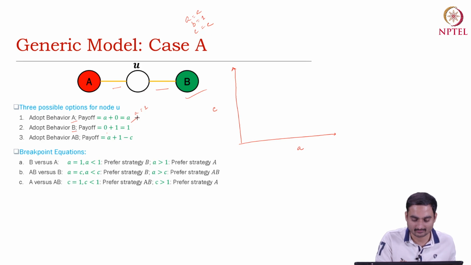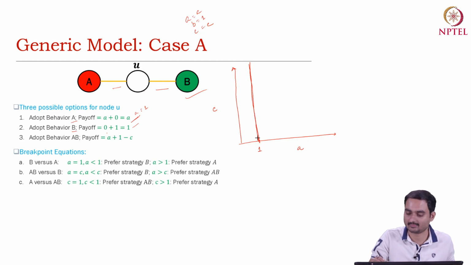If A equals 1, then both payoffs would be 1. So when A equals 1, irrespective of C's value, we will be confused between A and B. So if points lie on this particular line, we will be confused between B versus A, which strategy to adopt, because both would result in the same payoff of 1.